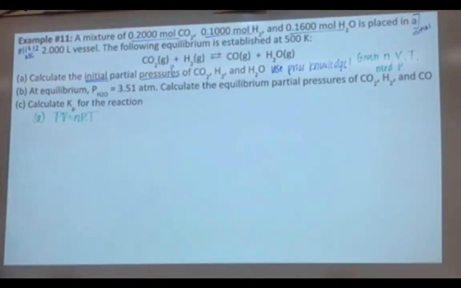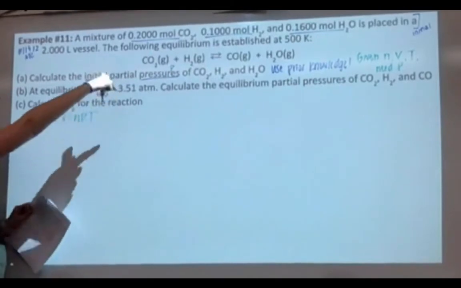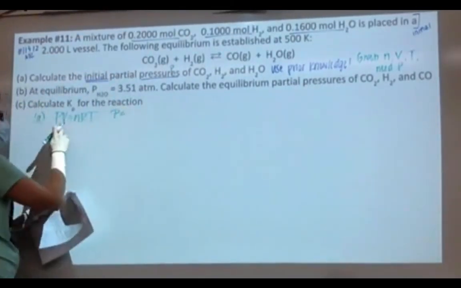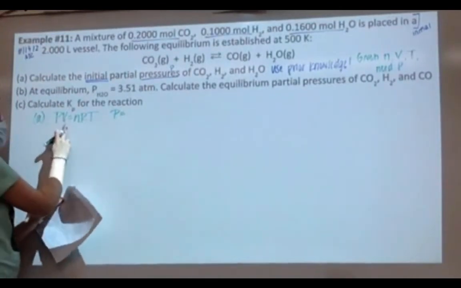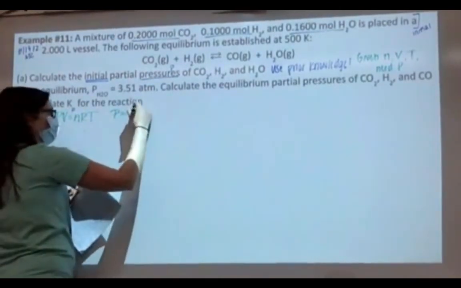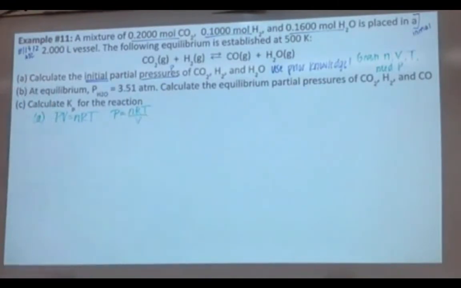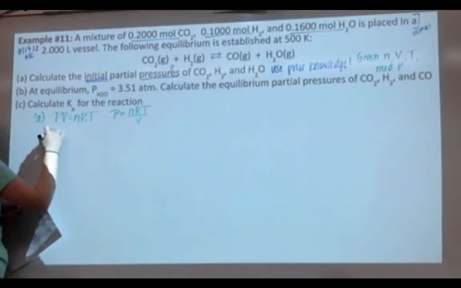So if we want to solve for pressure, we want pressure of each substance. I solve for this. P equals, divide volume over, nRT over V. Pressure equals N times R times T over V. So I'm going to solve for each one of these.